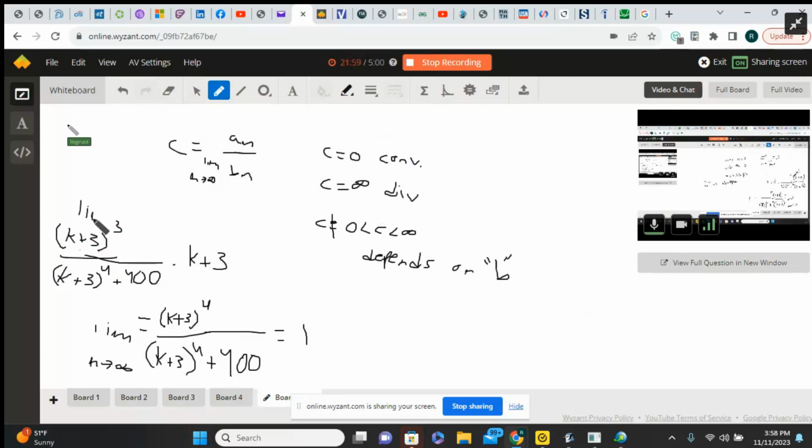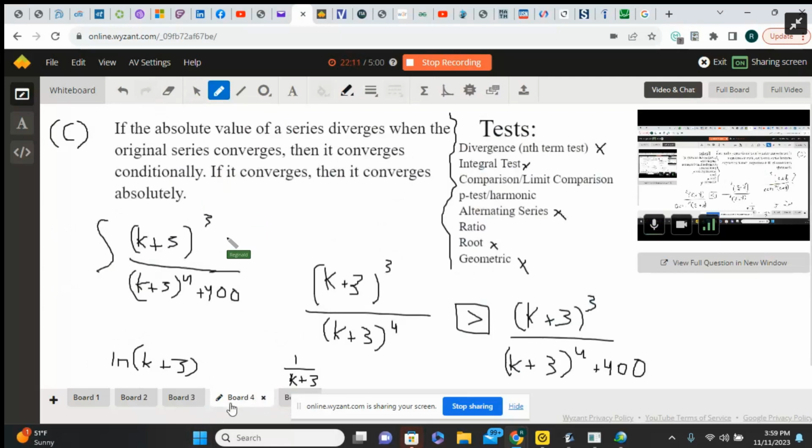This is the limit as n goes to infinity. So 1 is a number in between. Our b sub n was this thing, and we saw that this diverges.